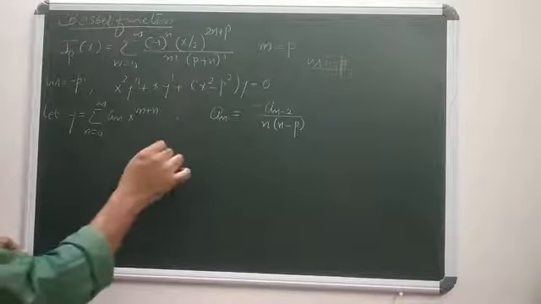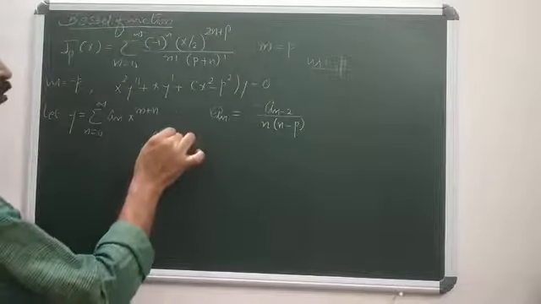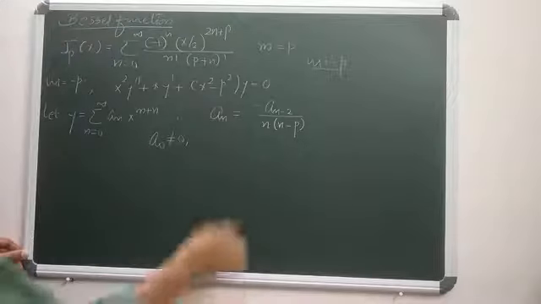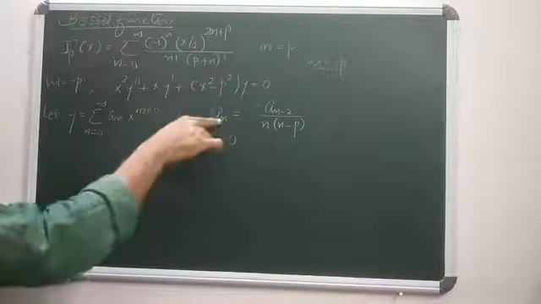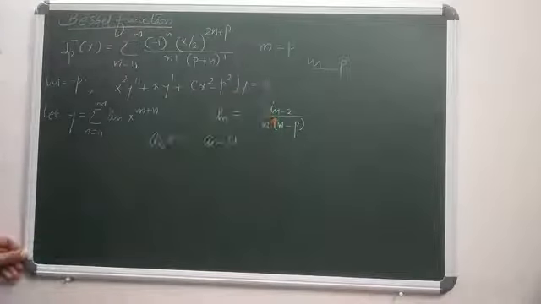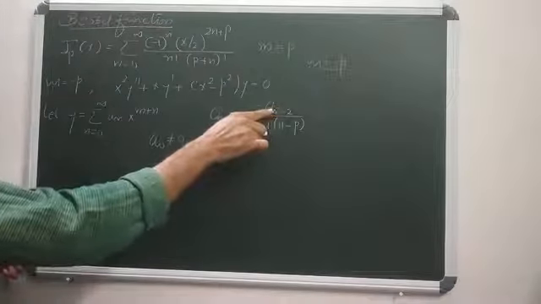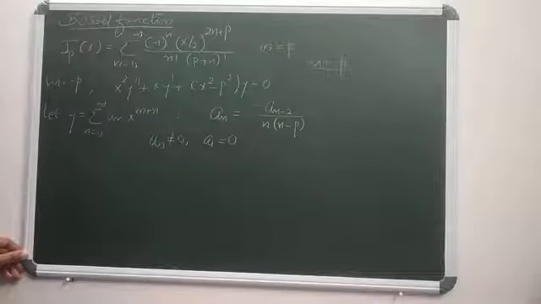Okay, so clearly we have a_0 differs from 0, and what is a_1 here? a_1 is again 0. Why? Because if you put n equals 1, it is a_(-1), which is not defined. So a_1 equals 0.